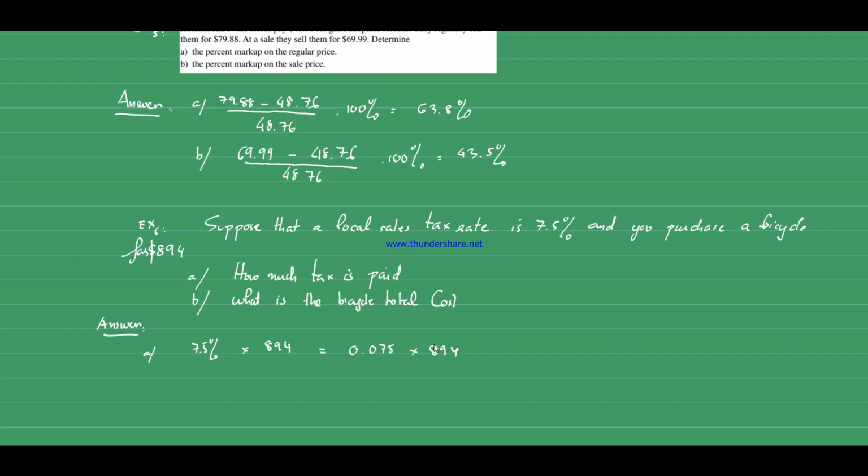That gives you the total tax you had to pay, around $67.5. Okay, that's the amount of tax you had to pay. Then for the total cost, you're gonna take 67.5 and add it up to 894.